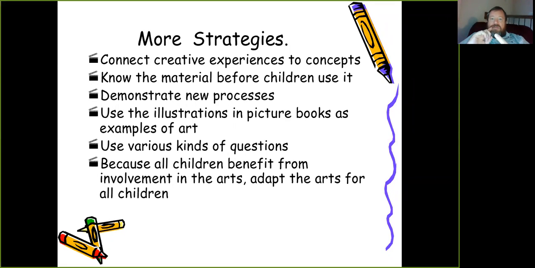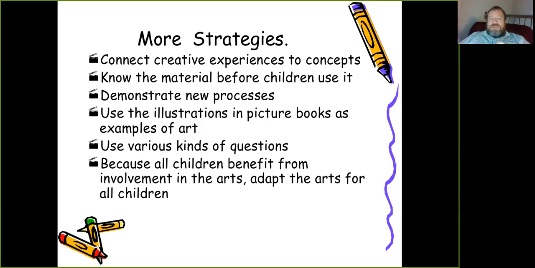If they're doing something creative, connect that to that social arbitrary knowledge, connect that to concepts. So if they tell you they drew a picture of the moon, use that as a springboard to talk about the moon. Know how to use the material before the children use it, and that it's in good shape and good repair.